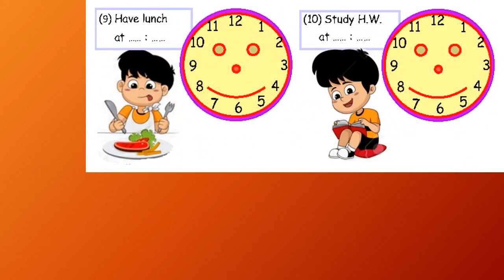We have lunch at 2 o'clock p.m. That means the short hand on 2 and the long hand on 12. We start doing our homework at 3:30 p.m. That means the short hand on 3 and the long hand on the minute number 30.